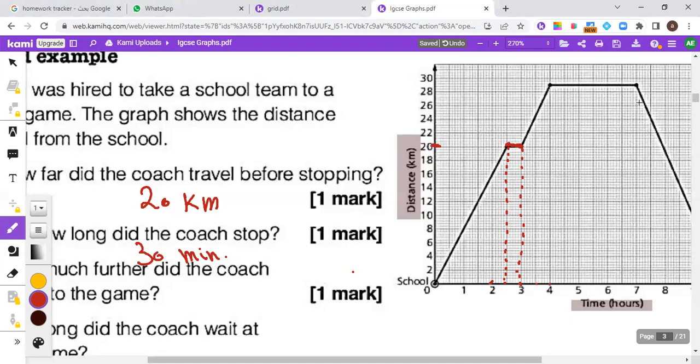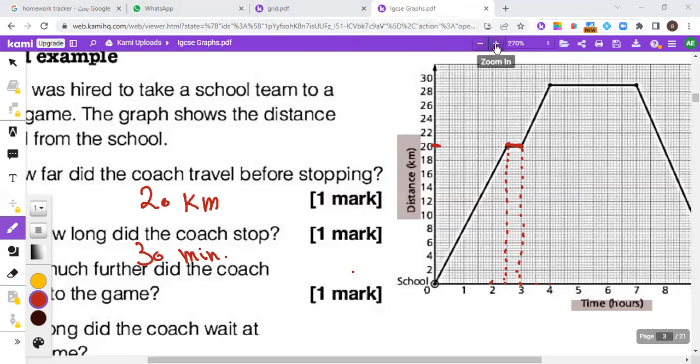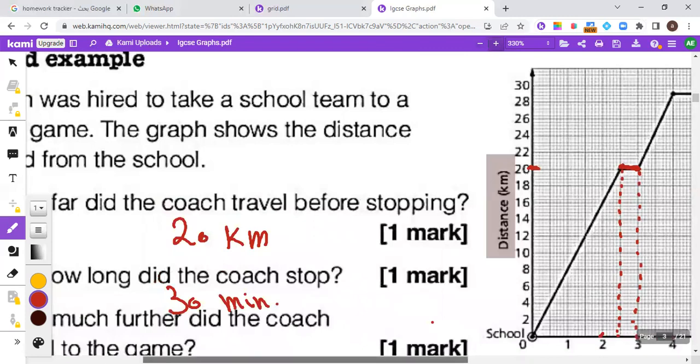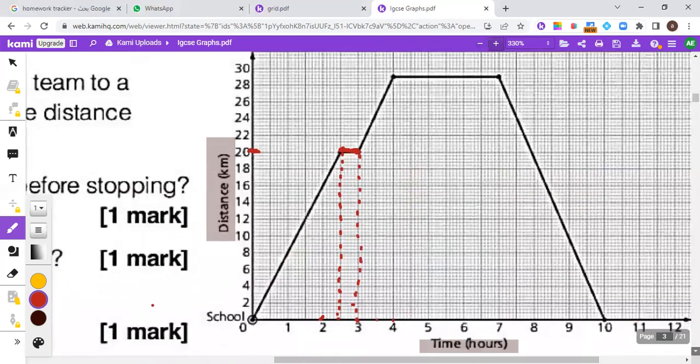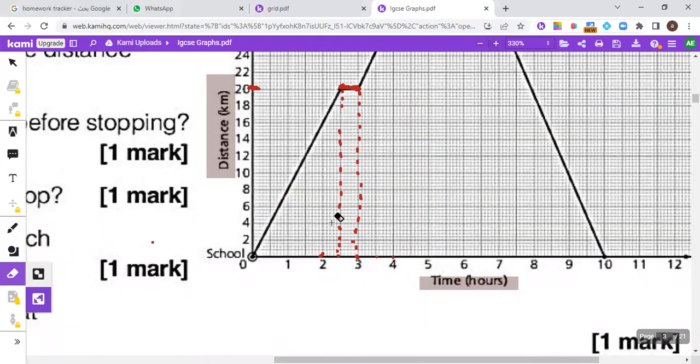How is it 30 minutes? Arish, your voice is low, so I cannot hear well. How is it 30 minutes? Okay, if you zoom in more, the question is why it is 30 minutes.